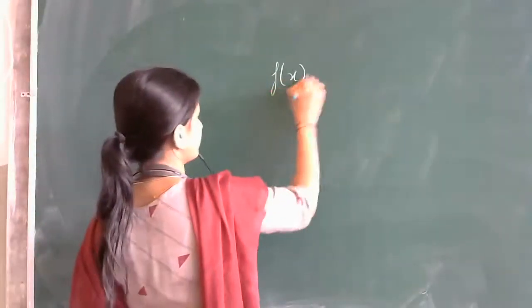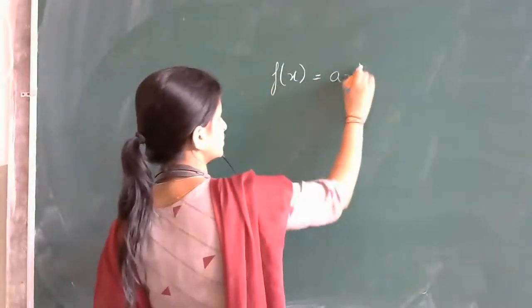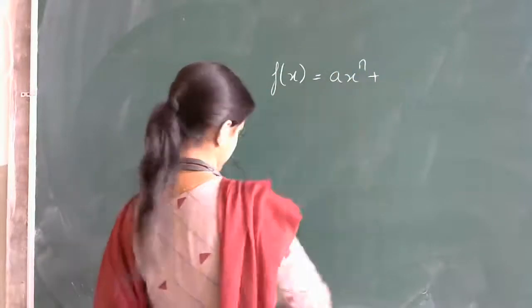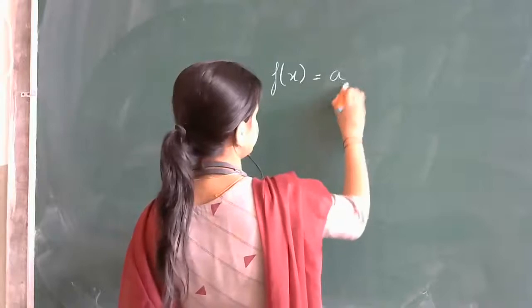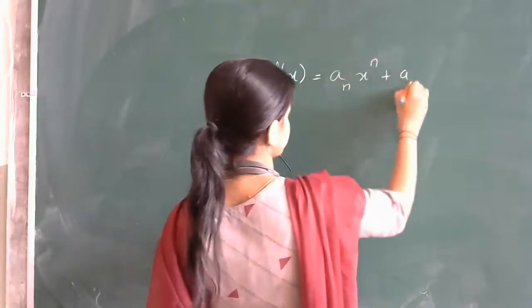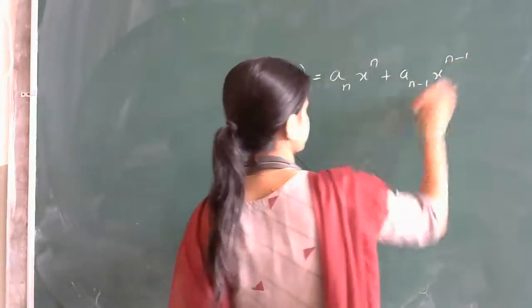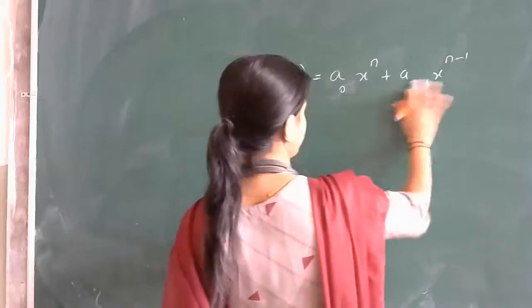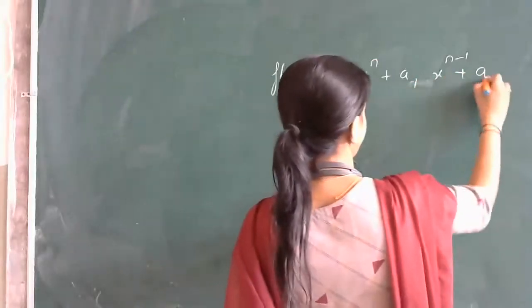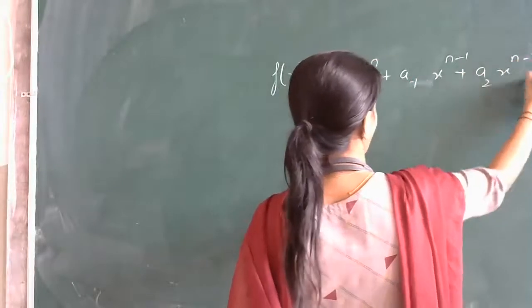Okay, polynomial function, it is nothing but the function which will be in polynomial form. To the power n. Suppose I'll take it as some names, A0, A1, A2, x to the power n minus 2 and so on.